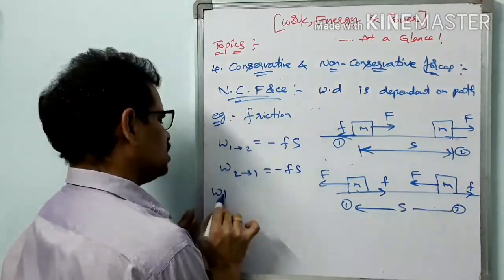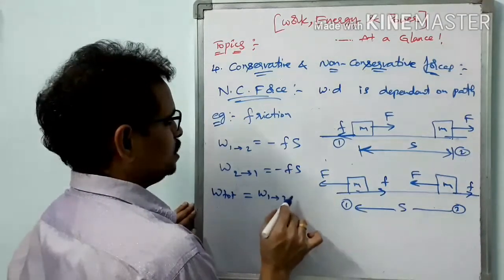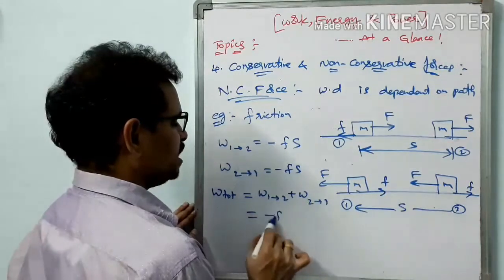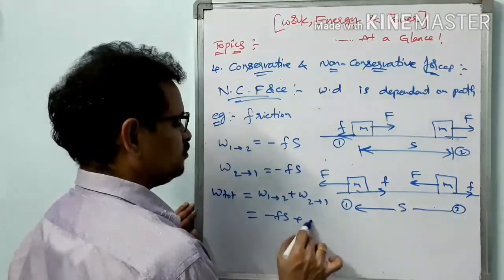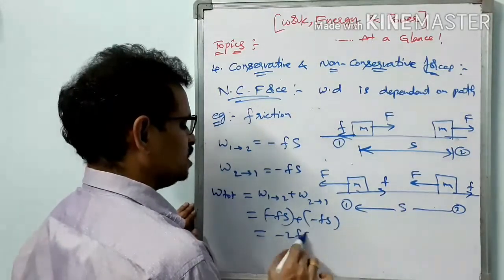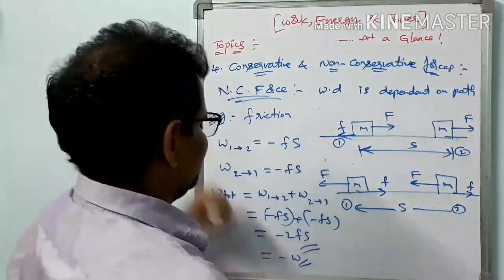So what is the total work done from 1 to 2 and back? W1 to 2 plus W2 to 1. W1 to 2 is minus Fs, plus W2 to 1, minus Fs. So minus Fs plus minus Fs, minus 2Fs. This is non-zero.